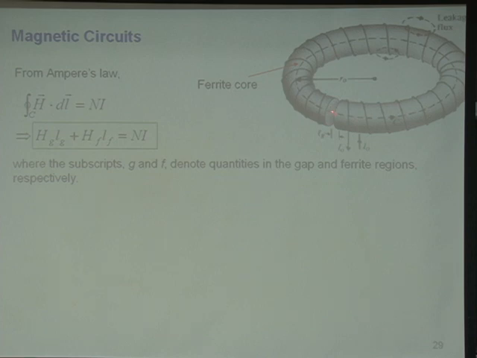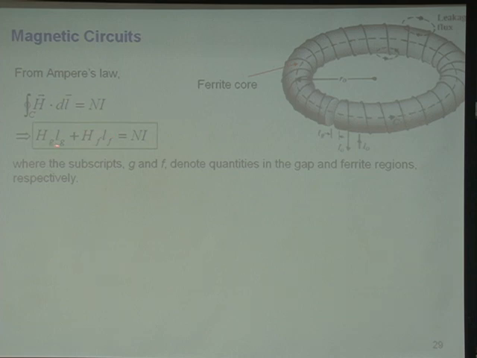And if this gap is really small, well, in fact, it's not necessary to be very small, but basically there's a gap distance of Lg. Then the magnetic field crossing this surface is going to be considered as a normal component of the magnetic field, right?